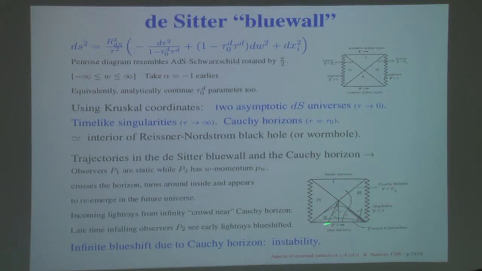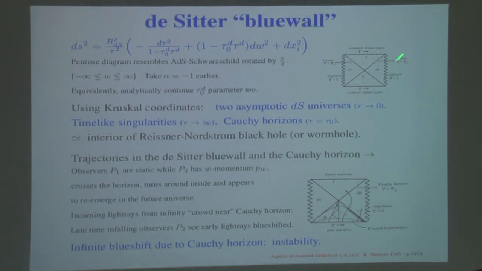There are also infalling observers which go like that. But it turns out that the singularity, just like in the Reissner-Nordström case, is actually repulsive. So these observers that have finite momentum go through, but they get repelled and they in fact go back. They never actually hit the singularity as long as you're talking about time-like observers. One could study null rays, and those null rays in fact do hit the singularity.